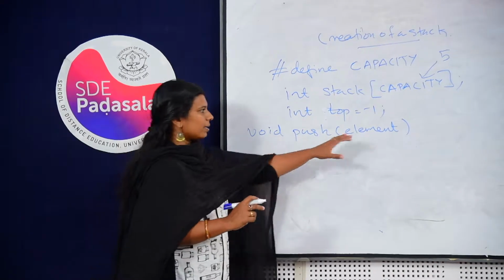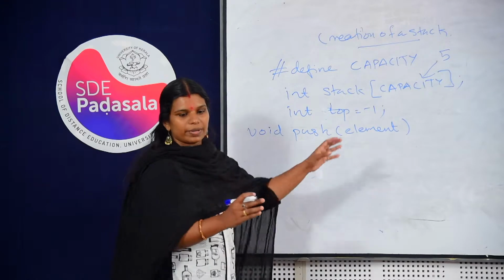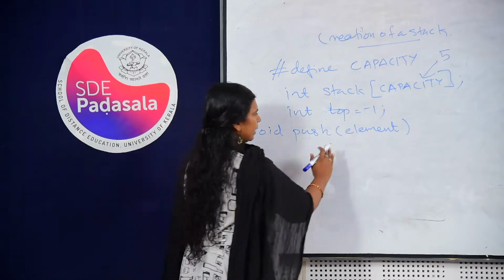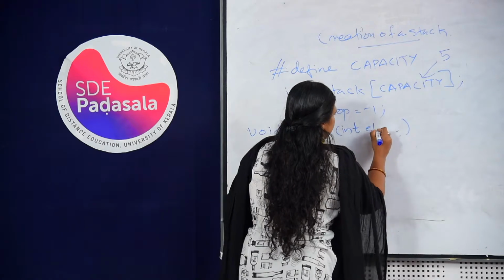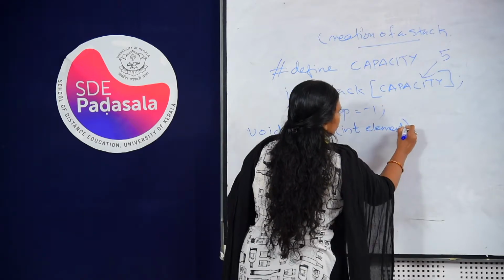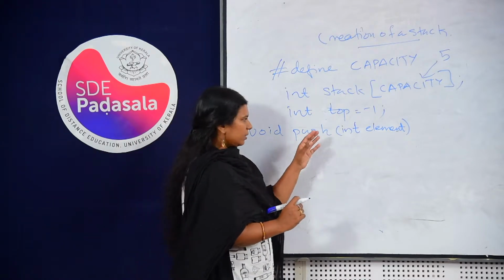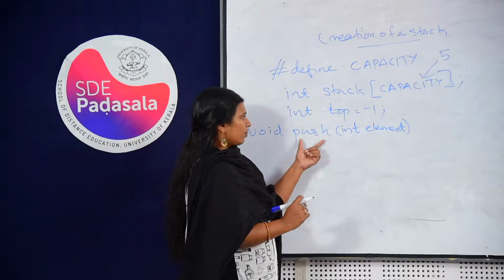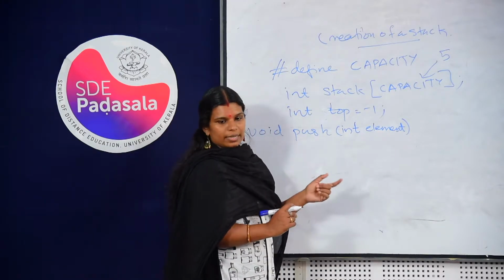Because we have to pass an element for the pushing operation. We are going to store this element into the stack, so we have to declare it as an integer and pass an integer value element into the stack.